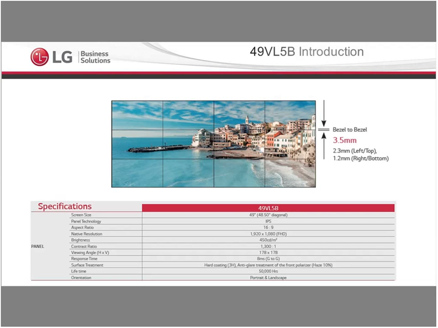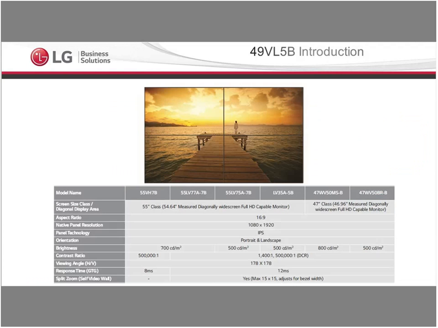Dan did mention it earlier, definitely with our best category in the VH7B and the VM5B, you have the 1.8 bezel. But here in our good category, you have the 3.5 millimeter bezel here. Okay, and now let's take a look at our breadth of video wall panels.